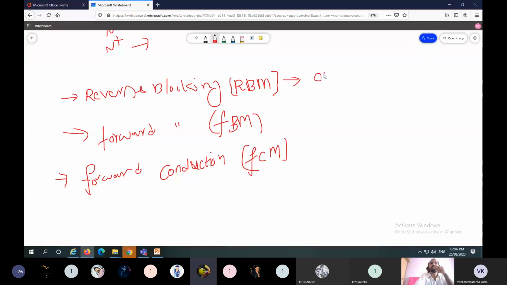Off state, sir. Next, during forward blocking mode, off state. During forward conduction mode, it acts as on state.